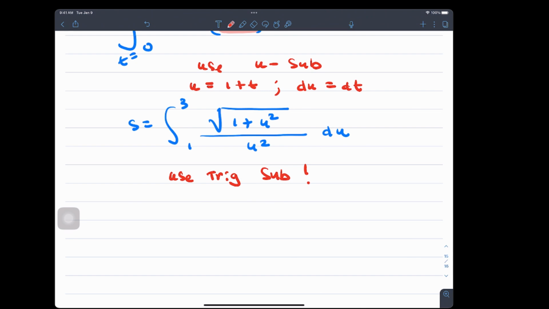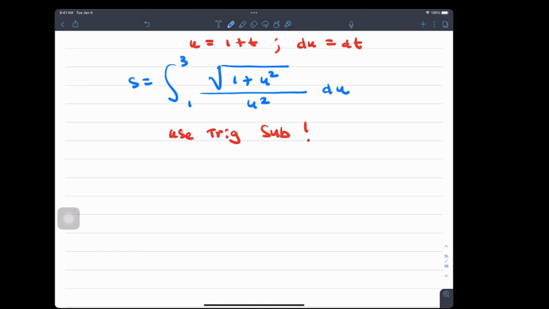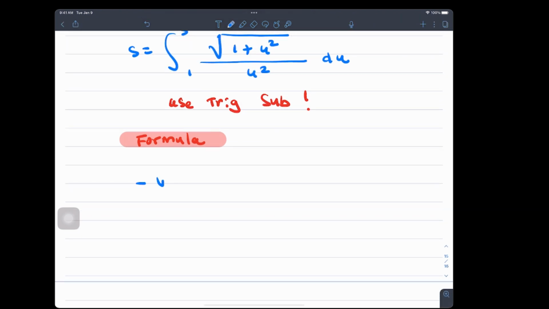And after you do that, to let you know, even in the book they do have a nice formula. And sometimes in the solutions, they'll say, hey, use the nice formula. You can use trig sub or use the nice formula, where that formula in your book is minus square root of u squared plus 1 over u plus natural log absolute value of u plus square root of u squared plus 1.